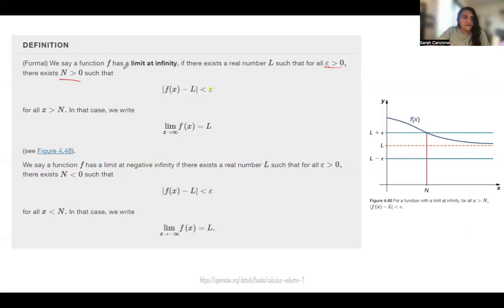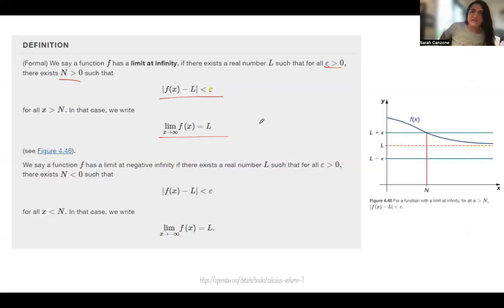So it says if this and this is true, then your limit exists. This is the official formal definition of a limit at infinity.